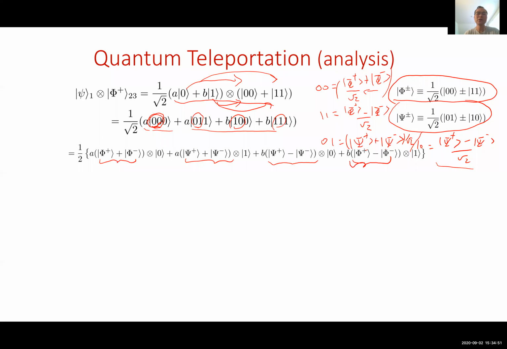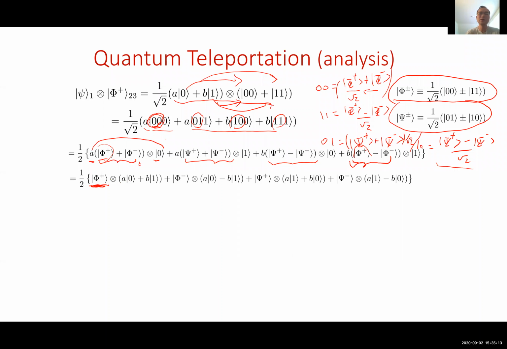So far I'm just rewriting, but in a way that I can associate with the measurement and the outcome. You see that I have phi plus appear twice, so I should combine them. I collect according to the first 2 particles. For phi plus, you have A times 0 here, and you also have B times 1.